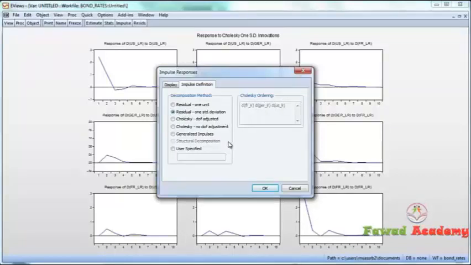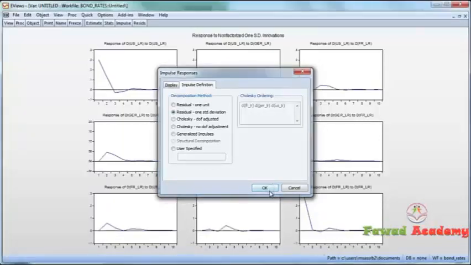This implicitly assumes that there is no contemporaneous correlation between the residuals. So the impulse response functions, which we will see very soon, as soon as we click OK, will be correct if that's true. However, they will be seriously misleading if there is contemporaneous correlation between the residuals in the three equations. So let's click OK.